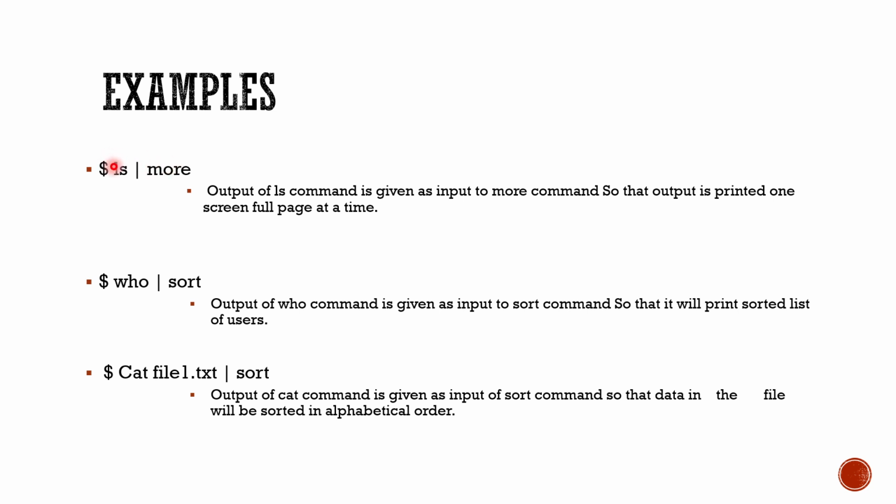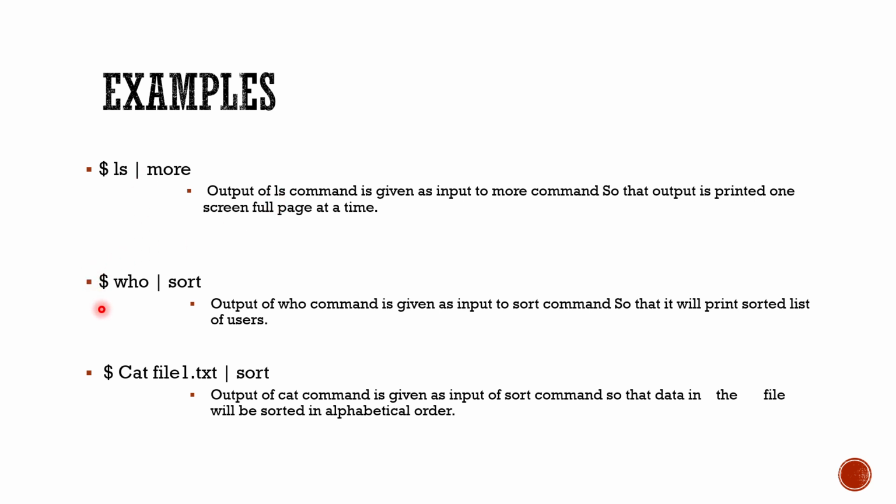Remember that the output of the first command will be treated as the input for the second command. The ls command lists the file details, and its output is given as the input for the more command, so that the output is printed one screenful at a time.